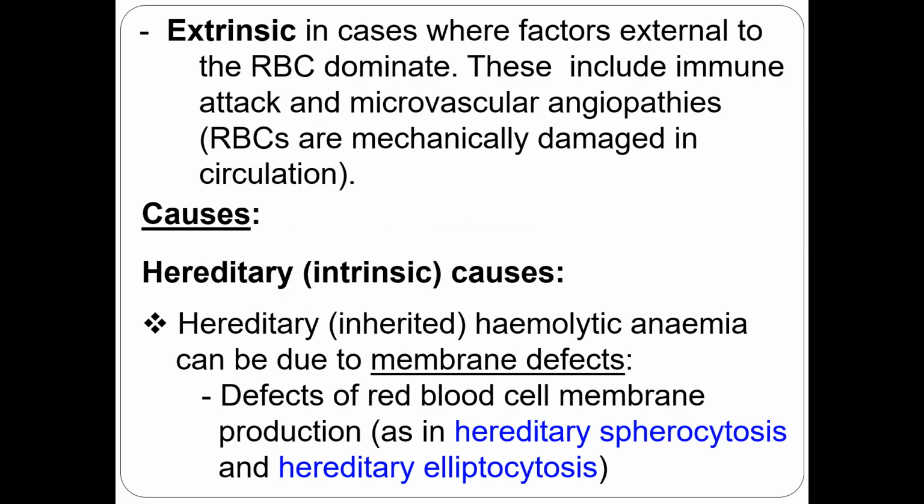Hereditary, mainly intrinsic causes. We can look at membrane defects. So this is intrinsic, right? The problem is within the red cell. So this type of hemolytic anemia is because there's a defect in the red cell membrane, okay? And the red cell turns out to become a spherocyte or an elliptocyte.